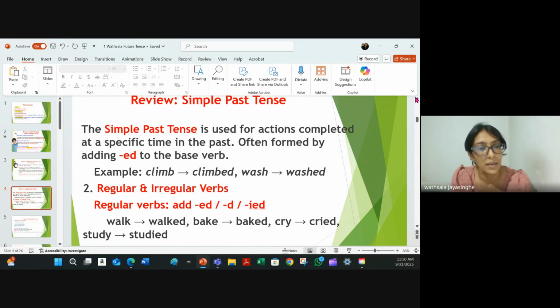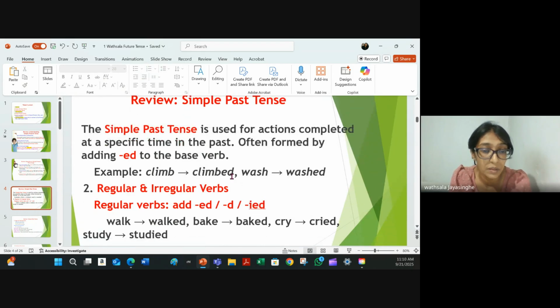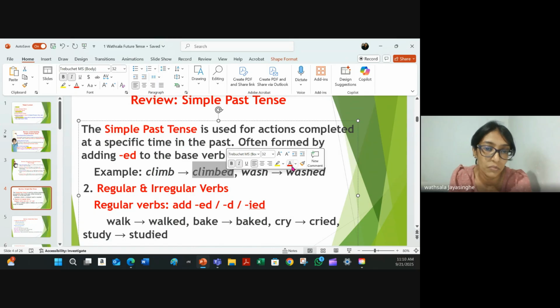The simple past tense, a review. The simple past tense is used for actions completed at a specific time in the past, often formed by adding ed to the base verb. Example: climb becomes climbed, wash becomes washed.